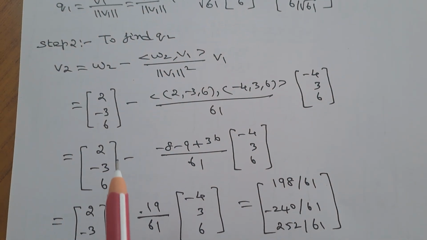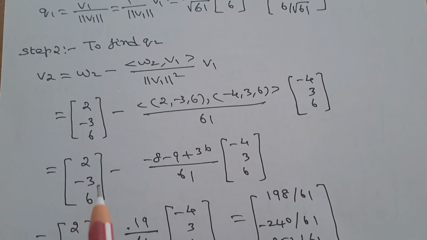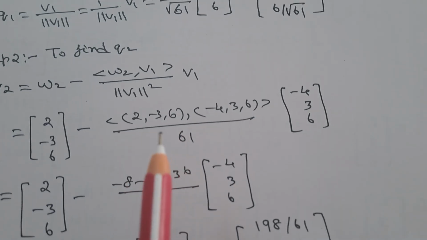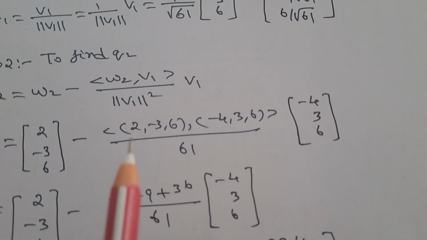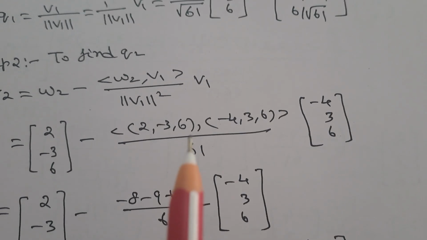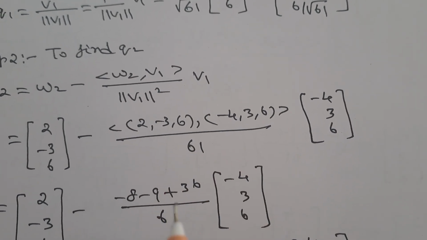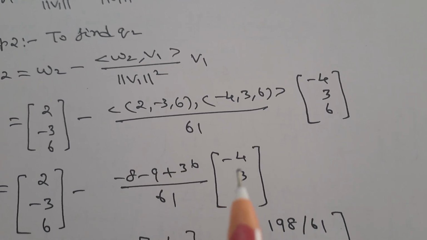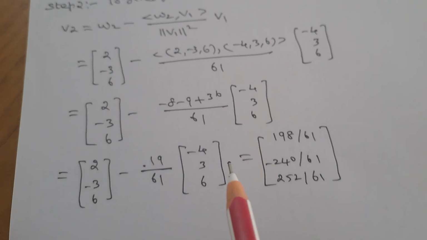The inner product is 2 into -4 is -8, -3 into 3 is -9, plus 6 into 6 is 36, over 61.